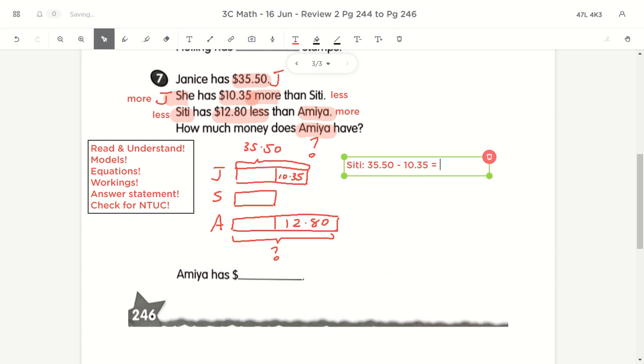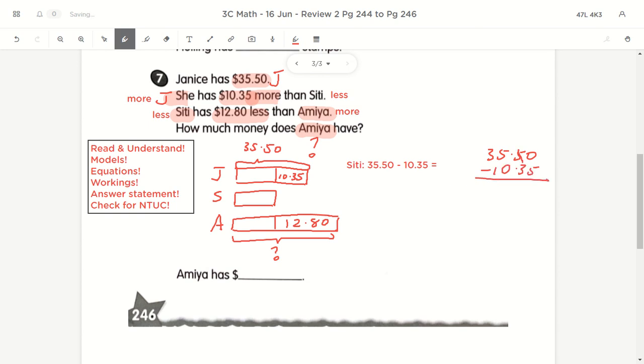Let's work it out. $35.50 minus $10.35. 0 cannot minus 5. We group 4. This becomes 10. You get 5. You get 1.